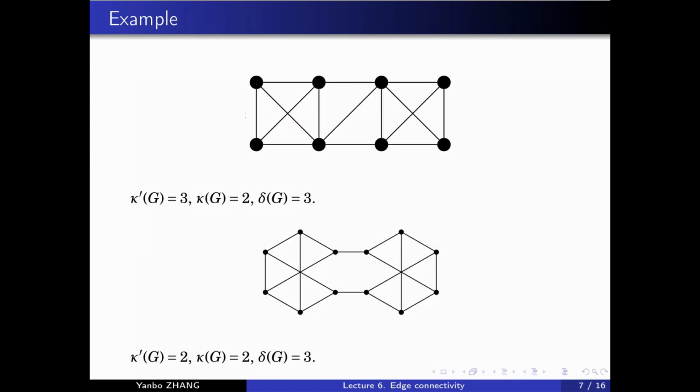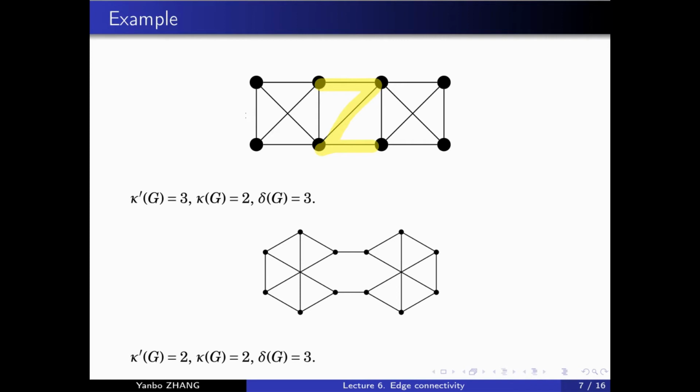Now we have two other graphs. For the first graph, its edge connectivity kappa prime G is 3, because these three edges disconnect the graph. And if you delete any two edges, the graph is still connected.